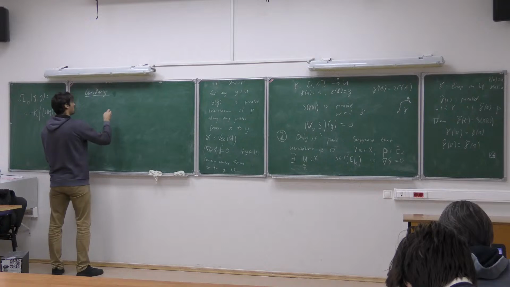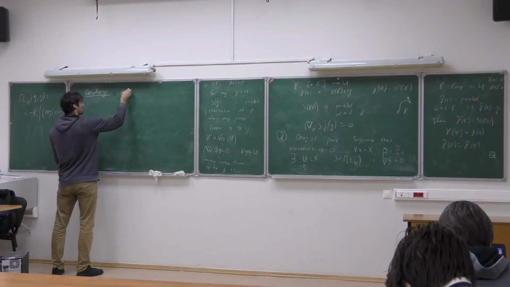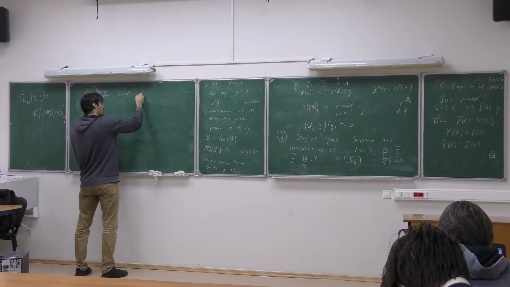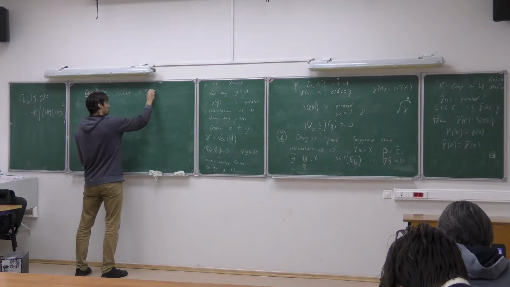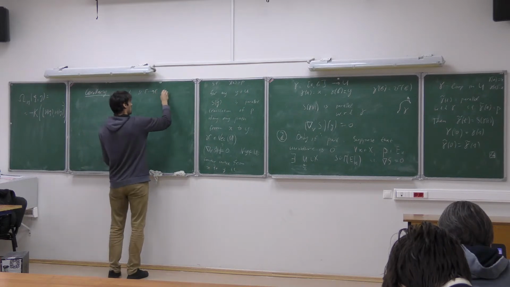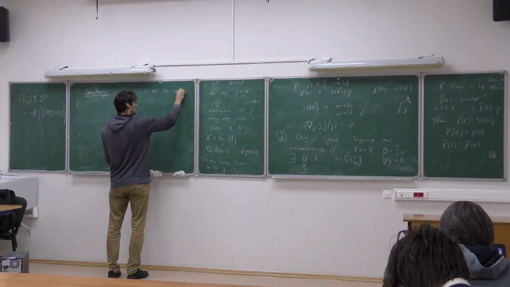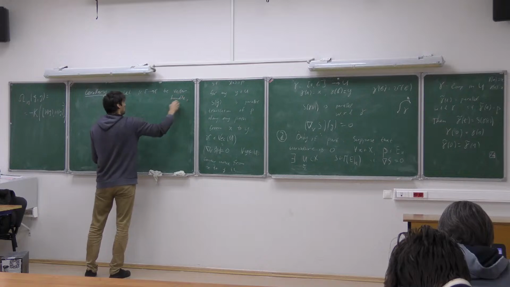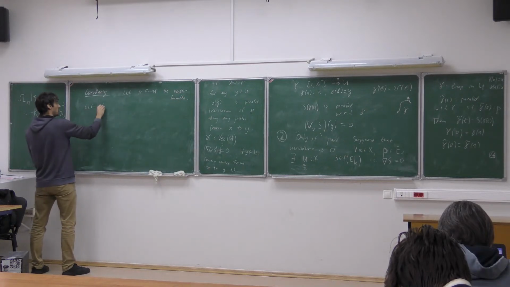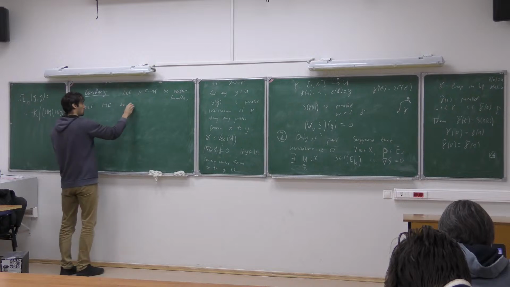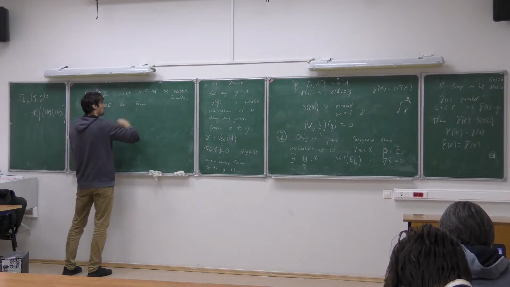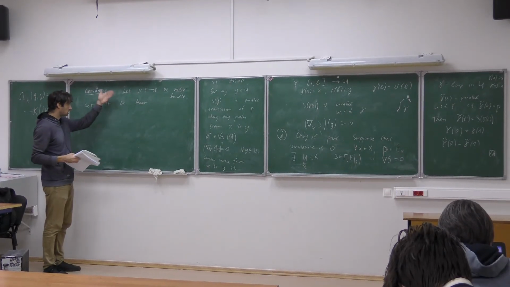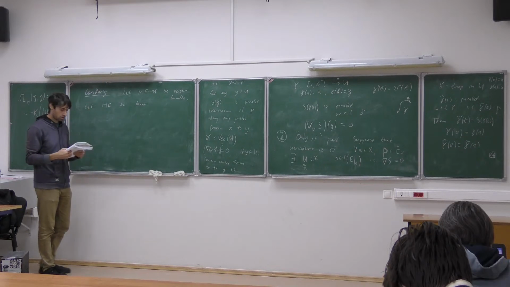So let pi from E to X be a vector bundle, and let HE be a linear connection. So therefore it's just our connection in the old definition.